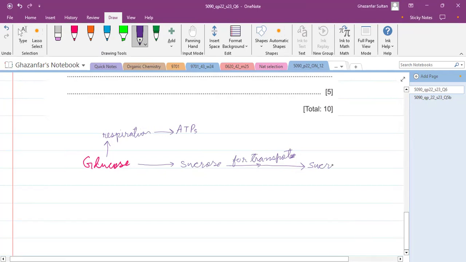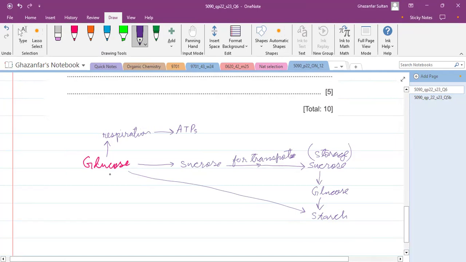So sucrose reaches the storage part where this sucrose is converted into glucose again, and that glucose polymerizes to give starch. So indirectly, glucose is converted into starch for storage purposes.